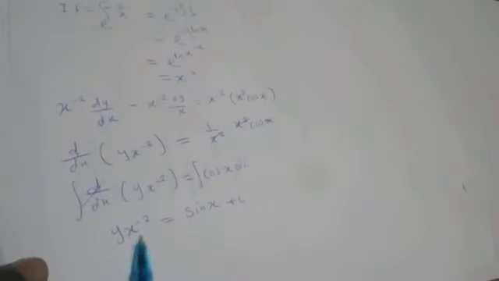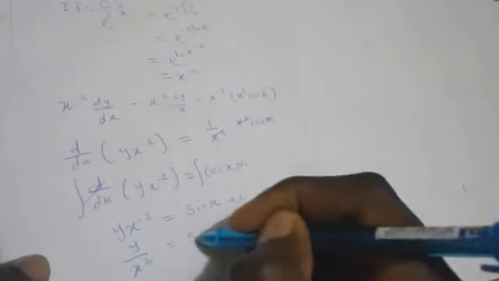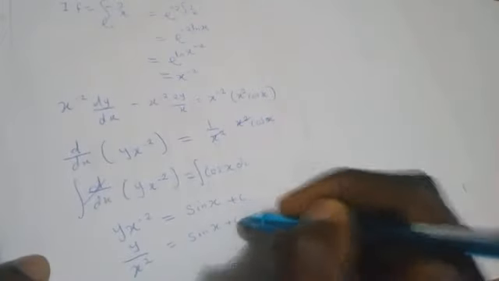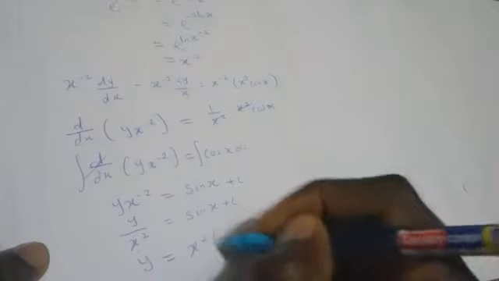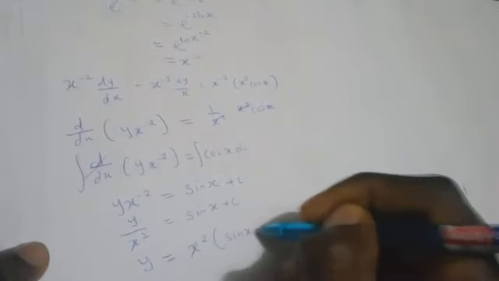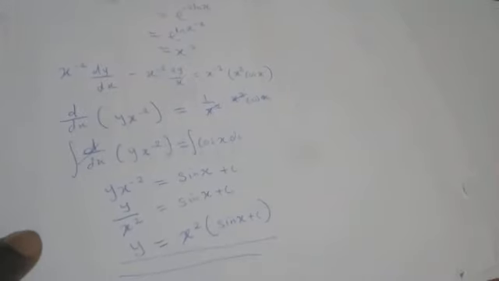I can divide all through by x to the power minus 2, so y over x squared equals sine x plus c. Then I multiply by x squared, so y equals x squared times (sine x plus c). And that is the answer.